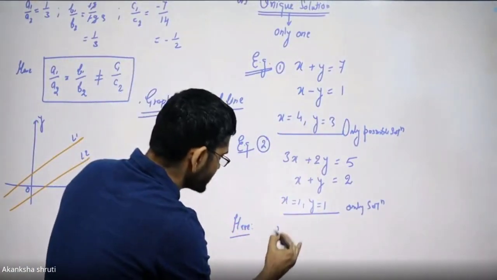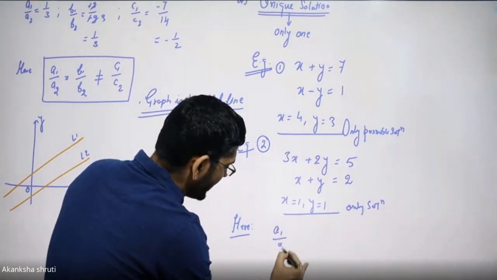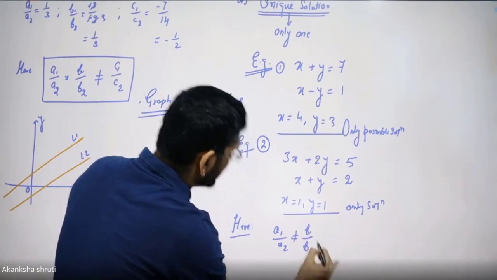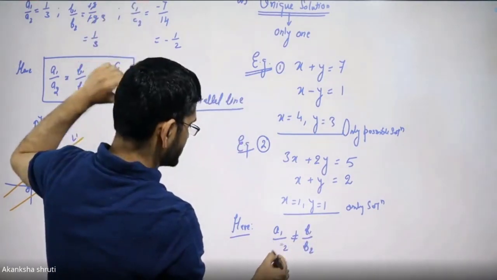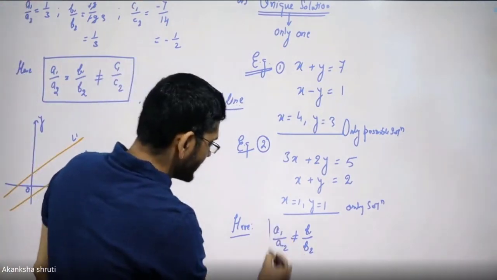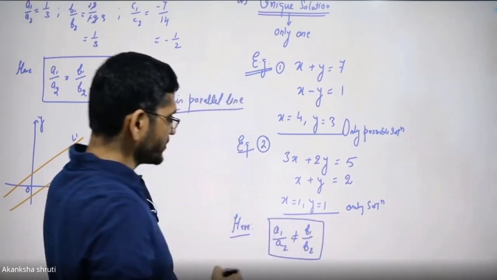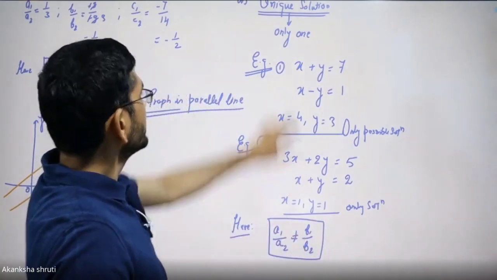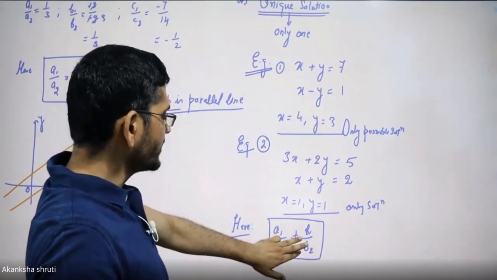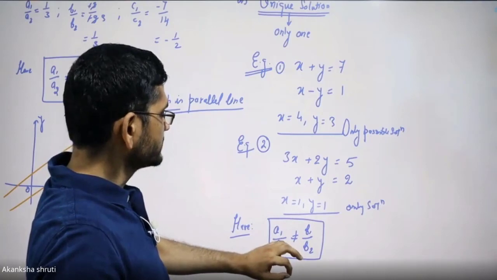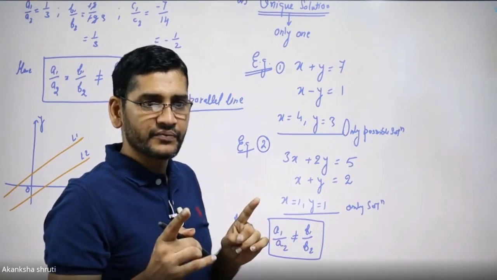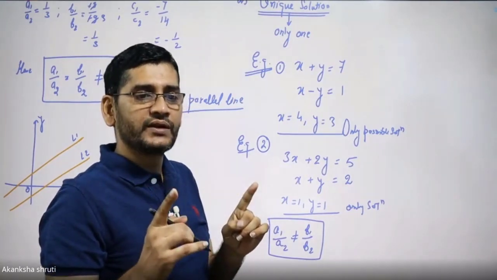In this case, keep in mind a1 by a2 should not be equal to b1 by b2. It is the only criterion. Student, but still you have to understand it carefully. a1 by a2 is not equal to b1 by b2. It means the ratio of the coefficients of variables should not be equal, then the two equations will surely have one and only one pair of solution.